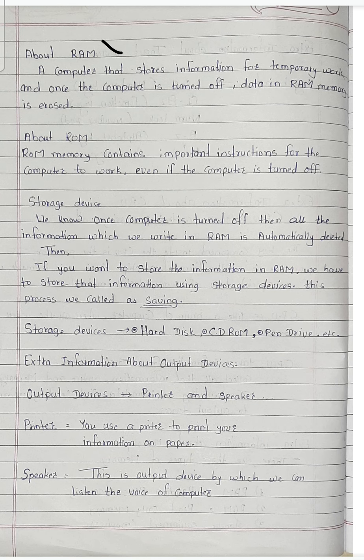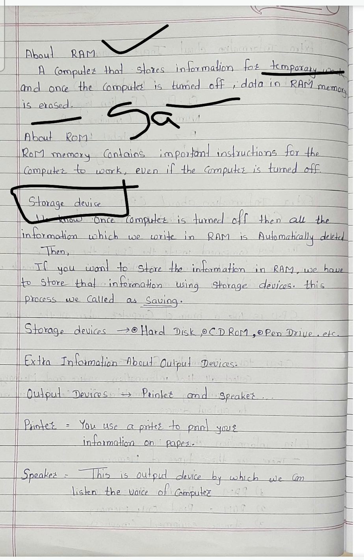So you heard here that RAM is read access memory where only temporary work is done, and after the computer is turned off all the memory is erased. For saving what you need to keep, you have to use the storage devices. You have to save this file, and this process is nothing but saving.